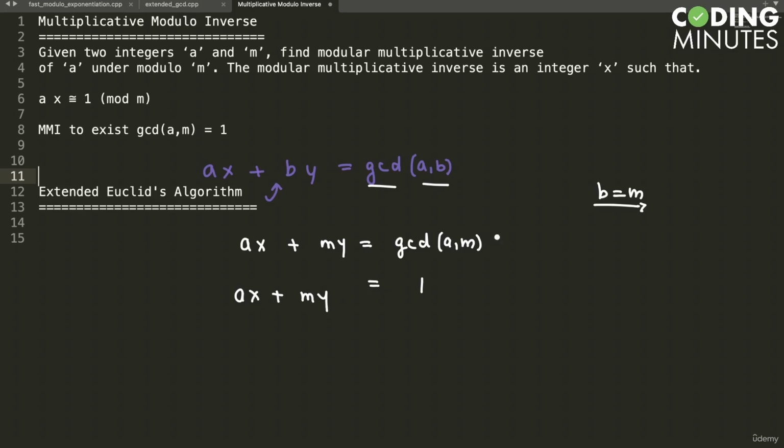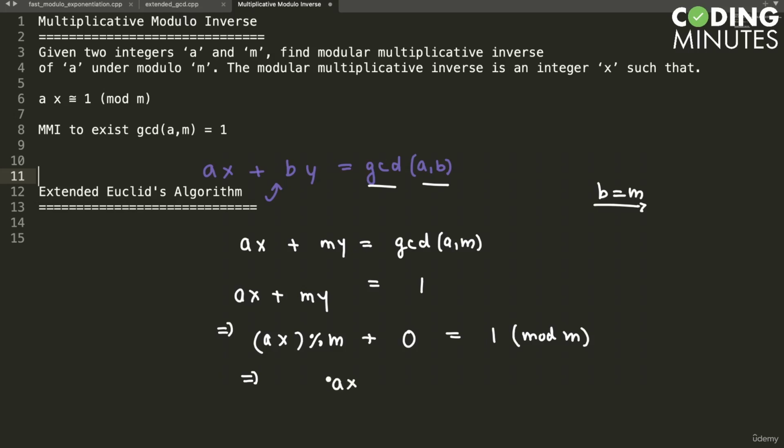If you take modulo on both sides, it becomes ax mod m plus my mod m. My mod m is nothing but 0. This is equal to 1 mod m. So effectively this equation becomes the same as this one.